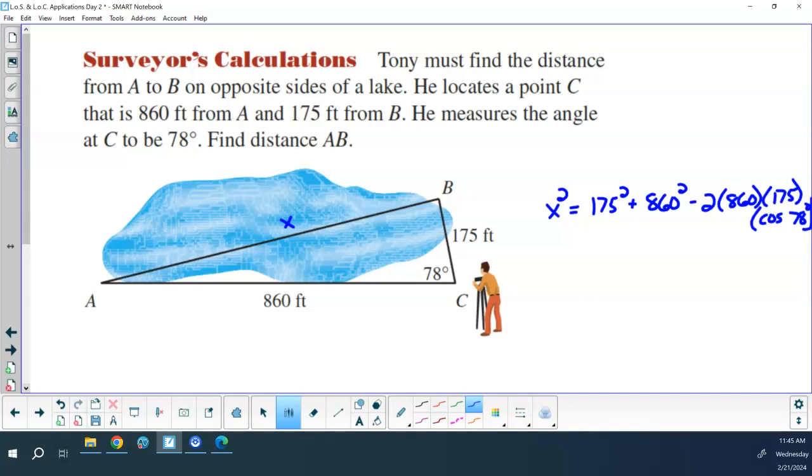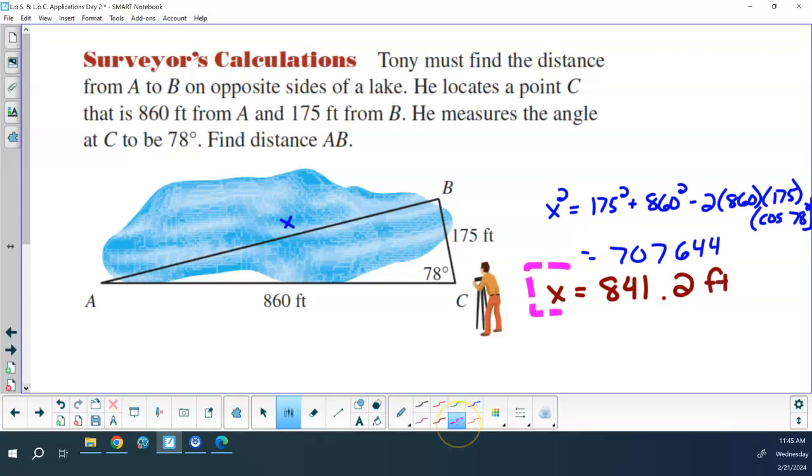So then that's going to be 7.907644. And so then I get that the distance that we're looking for is 841.2 feet apart. Because D said we're going to 1 decimal. Really, I got 841.216.